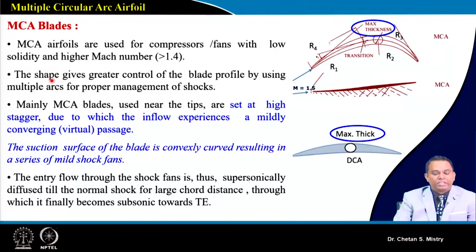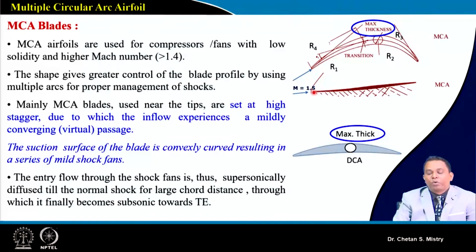Here in this case, this is used for highly staggered blades. So if we look at fans, high bypass ratio fans near the tip region, mostly those blades are highly staggered. So we have flow that we need to manage in a systematic way.